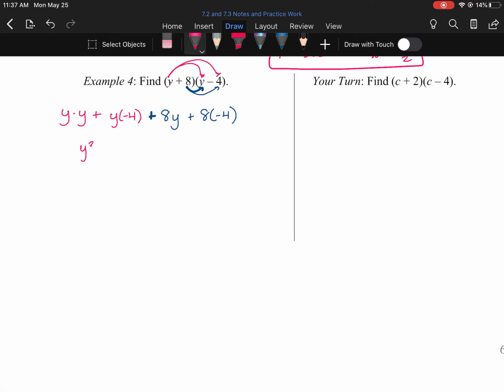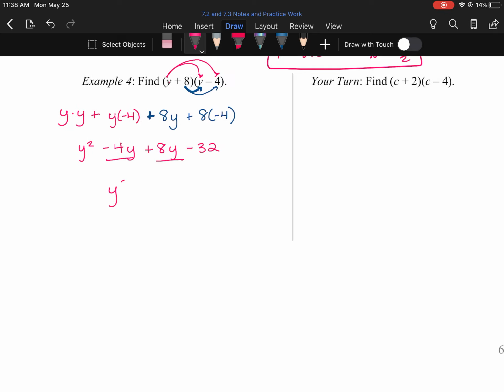So y times y is y squared. Y times -4 is a -4y, so you could put plus -4y. I have my plus 8y, and then I have a minus 32. And now both of my middle terms have y's, so to simplify this, we do y squared, -4y plus 8y is plus 4y, minus 32. Okay, and we're not solving, we're just simplifying, we're just multiplying, so that is our answer.